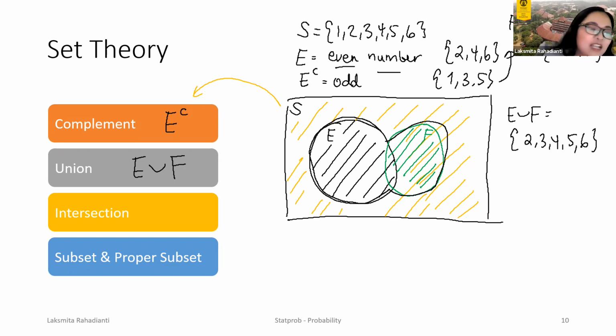Please correct me if I get anything wrong. And if I have intersection, that means I would write it as follows. Anyone? So E intersecting F would be, help. Oops, there's a chat. 2, exactly.